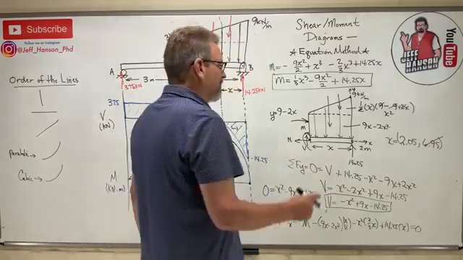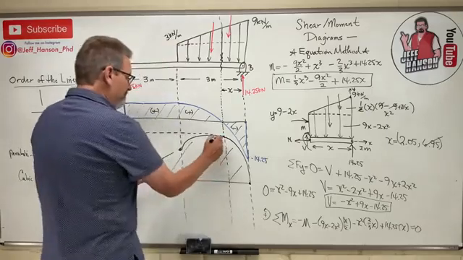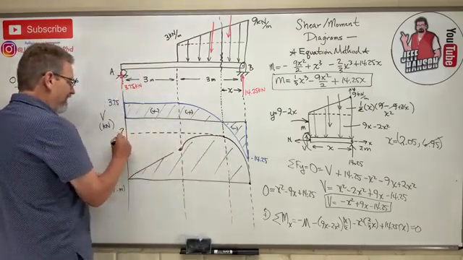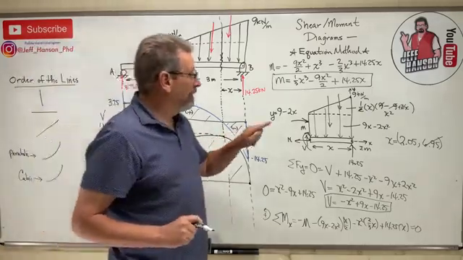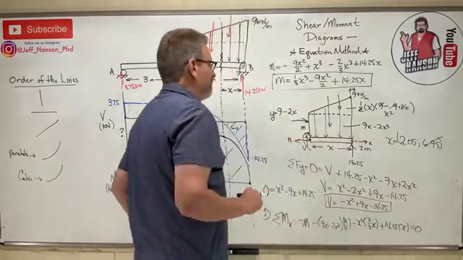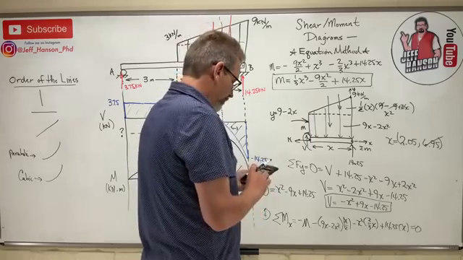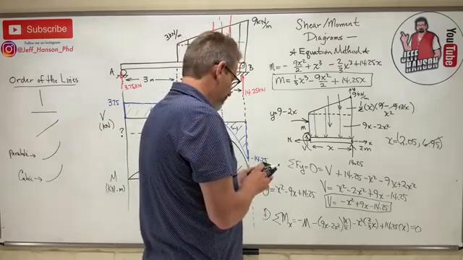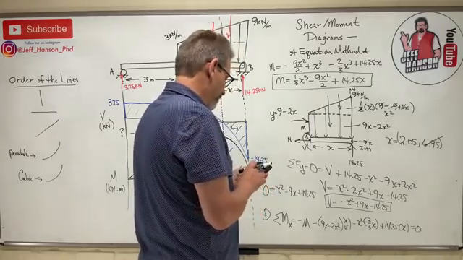Okay, so let's go up here, because what I'm after is this value of m right here. What is that guy? Well, let's put 2.05 in that equation, and let's see what we get. Okay, so here we go. Good lordy.